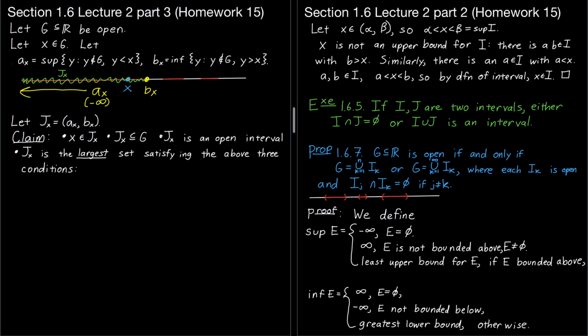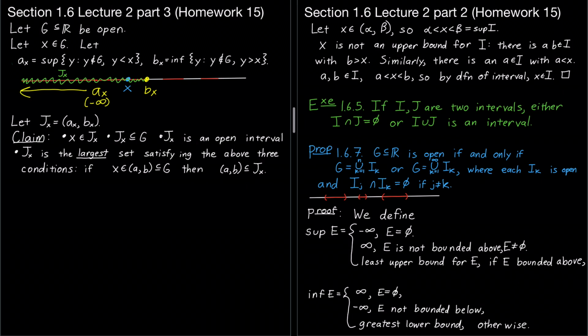And what I mean by that is that if I've got an open interval, say AB, that contains X and is contained in G, then AB is contained also in J sub X. So J sub X is not only longer than AB, it in fact contains AB.